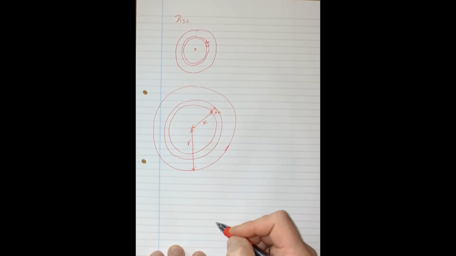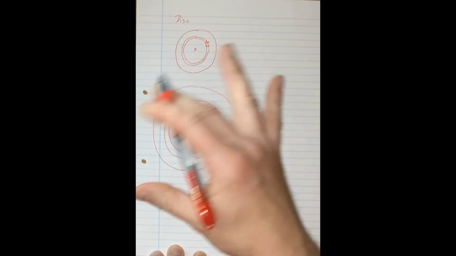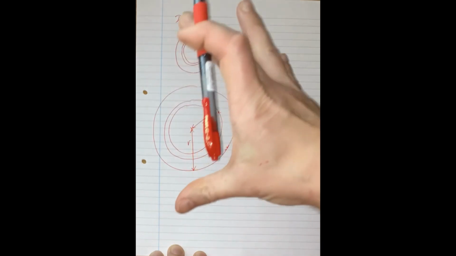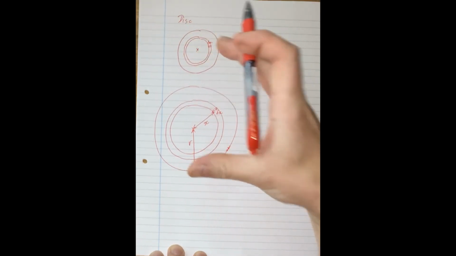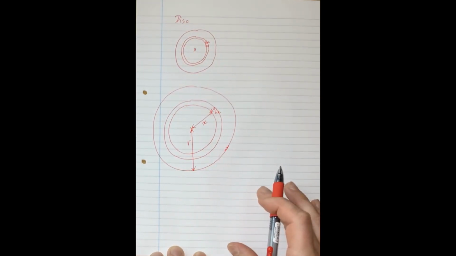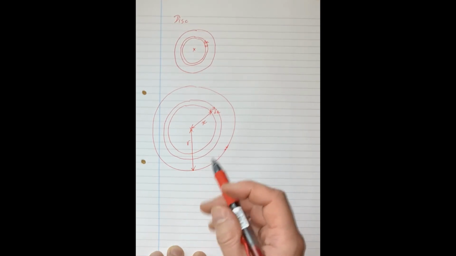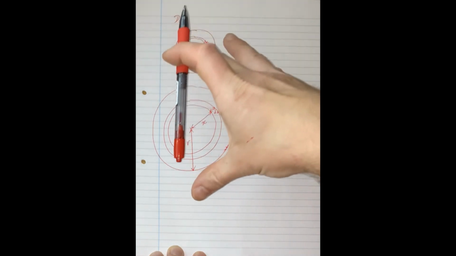Like with the rod, we can look at the amount of mass that this ring has compared to the entire mass of the disc, and then come up with a ratio that also looks at the ring's area to the disc's area.